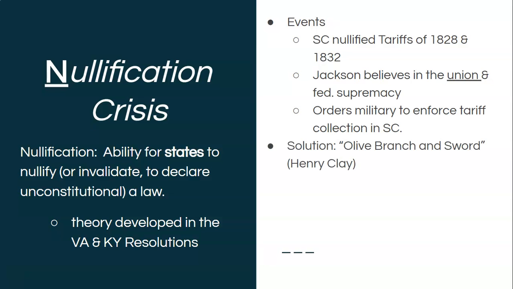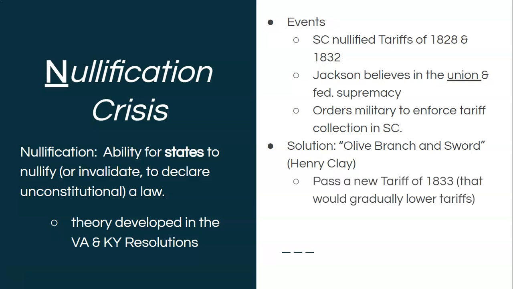Henry Clay, our great compromiser of Era 4, offers a solution called the olive branch and the sword. The olive branch, the peacemaking idea, was to pass a new tariff of 1833 that would gradually lower the tariff rates back down to levels that were acceptable to southern states.